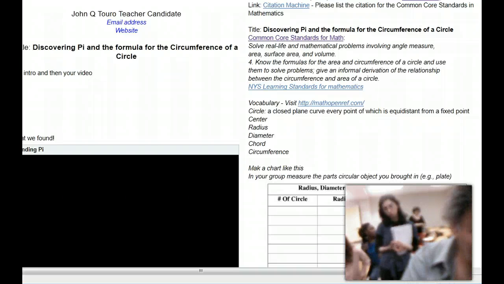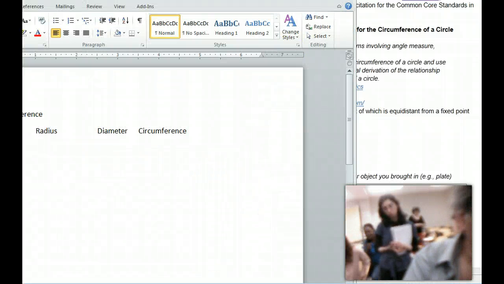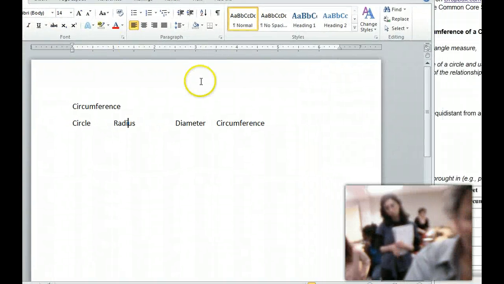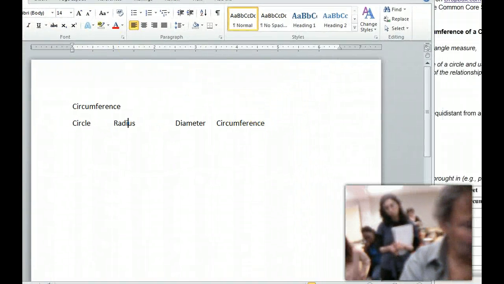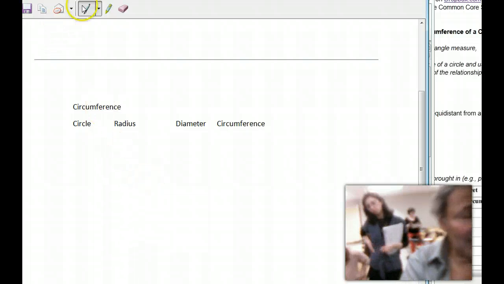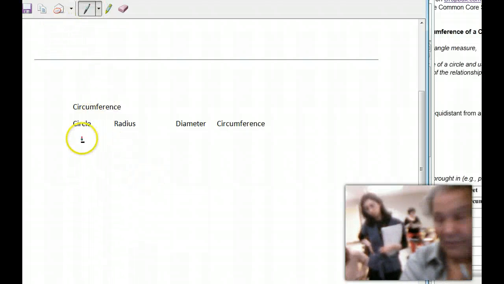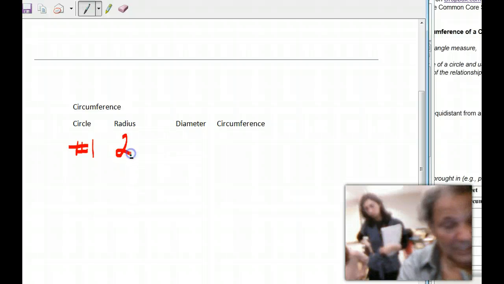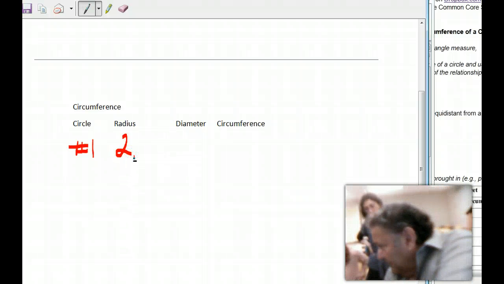I'm going to go to one of the documents that we have. Okay, let's move this document over. Okay, and what the class found, and I'm going to use a program called Snip, which will take a picture of just this, and it'll allow me to write on it. So if I have a circle and we call the circle number 1, and the radius was 2, what's the diameter going to be?